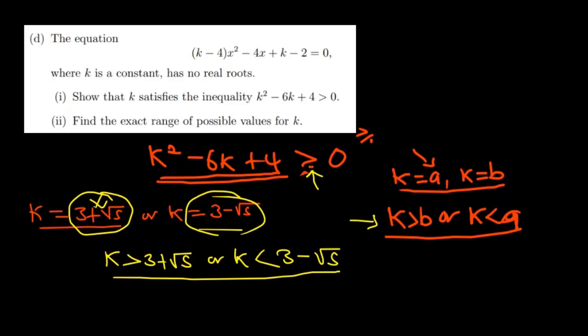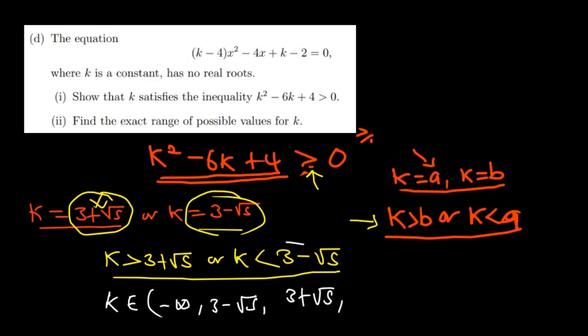So we can also put this in an interval form. Okay, we're going to start with that one which is less than this number. So we're going to say K should be a member of the following interval. So from minus infinity all the way to 3 minus root of 5, and then comma, starting from 3 plus root of 5 all the way to what?